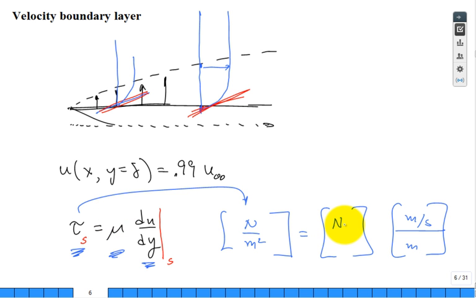Newton? Let me boil this down. This is 1 over second, right? Newton second per meter squared, true or false? Okay. What's the name of this mu? Viscosity. Absolute viscosity. And those are the units for absolute viscosity.